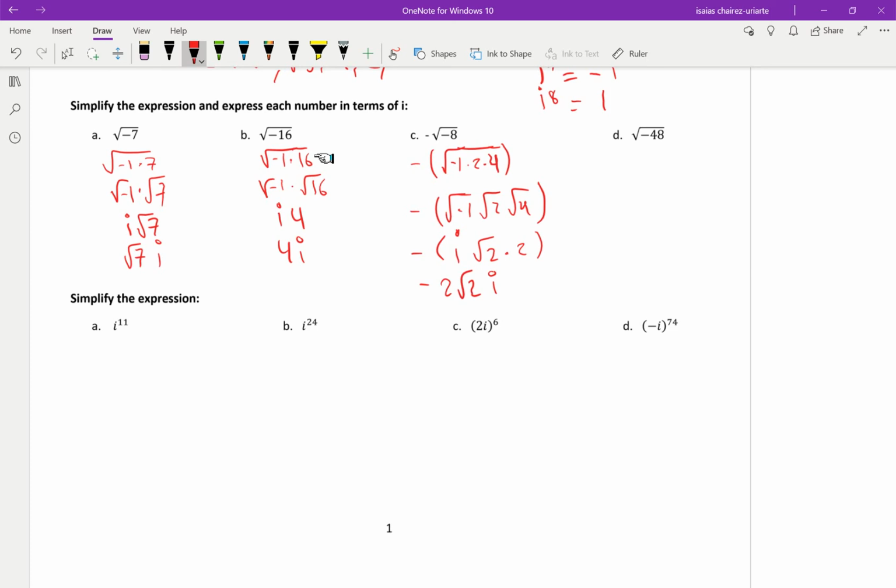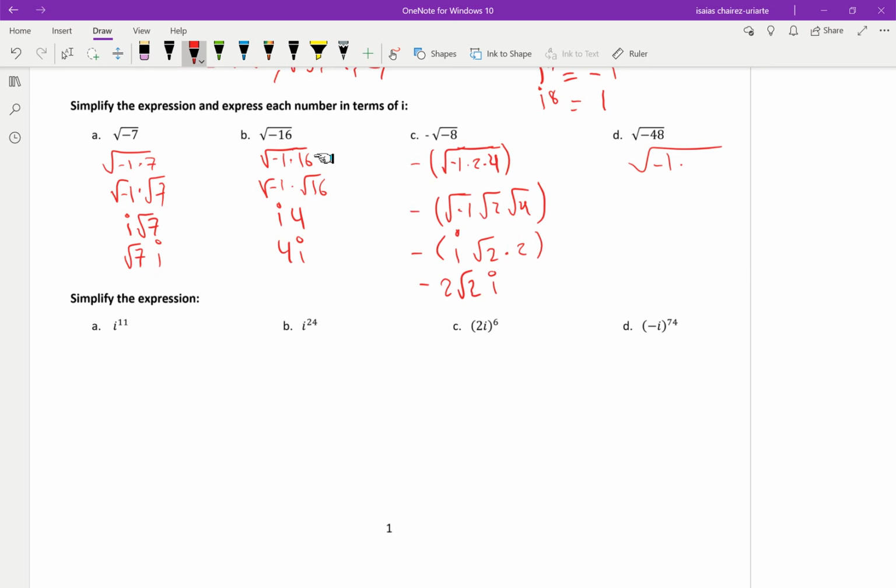All right, so there will definitely be some simplification of radicals involved here, so keep practicing that. So last one, let's see, this is going to become the square root of negative 1 times... I'm trying to think of a perfect square that divides 48. And I think it's 16 times 3. 16 times 3, yeah.